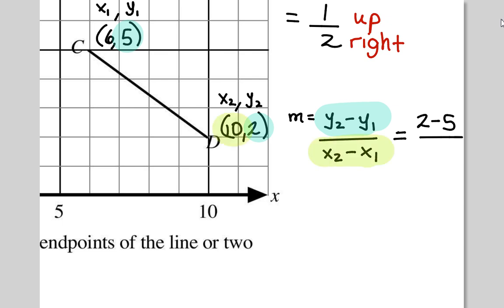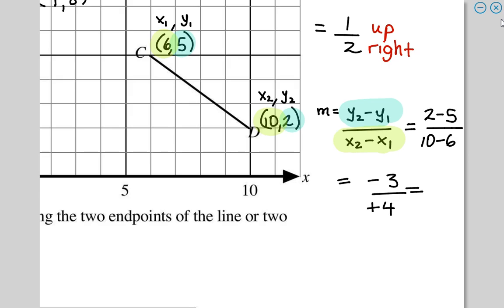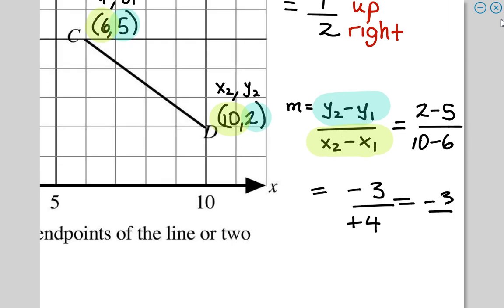You have a 10 and a 6. 10 take away 6. So you get a negative 3 over a positive 4. What's a negative divided by a positive? The entire fraction is negative. So this is negative 3/4. That's the slope.